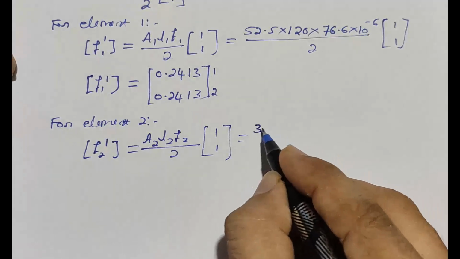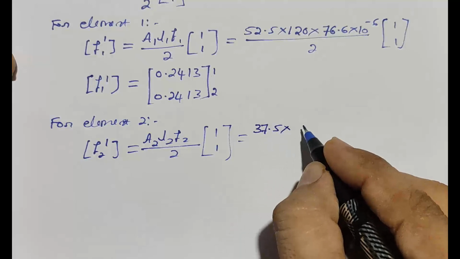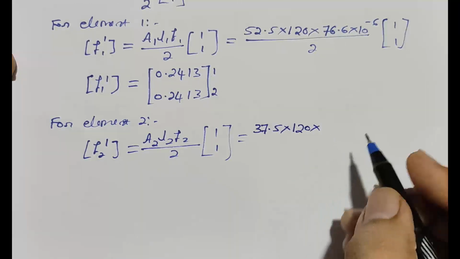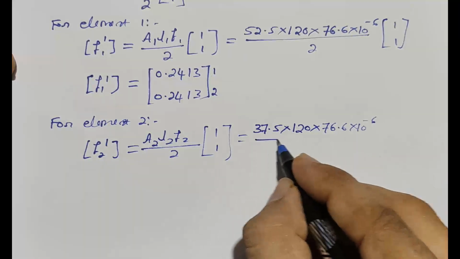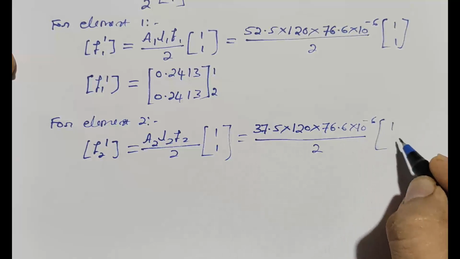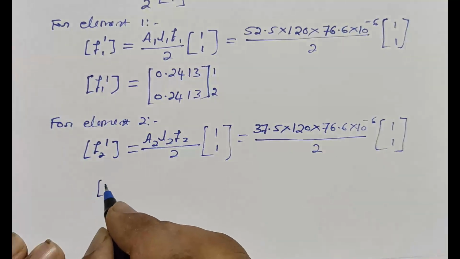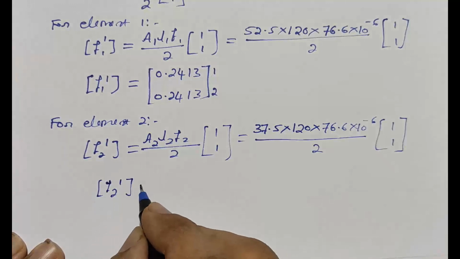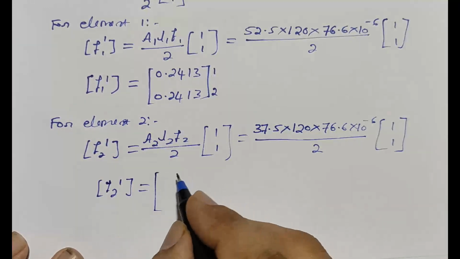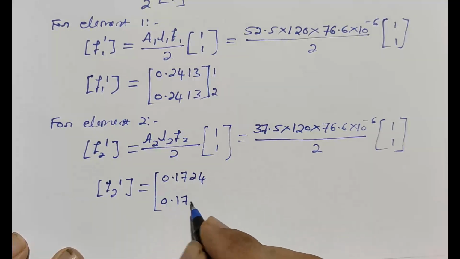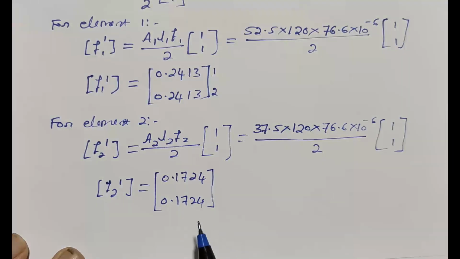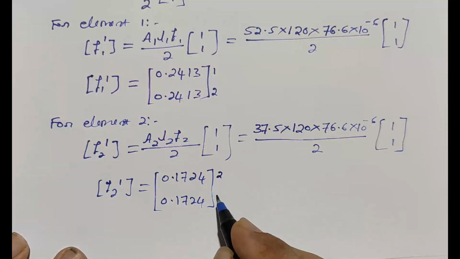A2 is 37.5 into length 120 into body force 76.6 into 10 power minus 6 divided by 2 1 1. So F2 dash will be equal to 0.1724. So this is body force vector for element 2. Since element 2 connects node number 2 and 3, here you have to give the number 2 and 3.